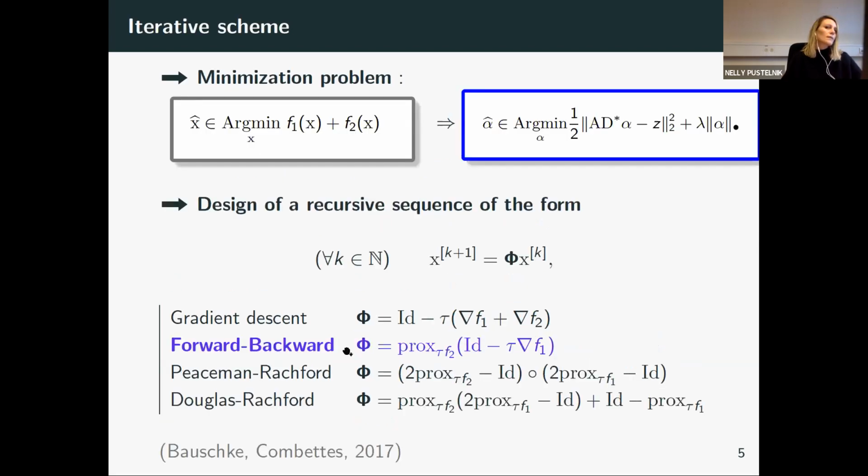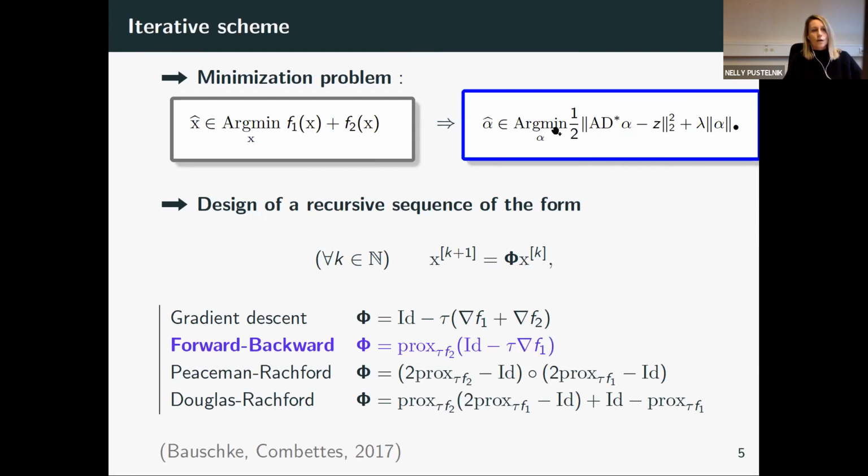So here you have a minimization problem. A specific example is the synthesis formulation, and it's the reason why in the literature the first works dedicated to image restoration were also dedicated to this synthesis formulation, because it was quite easy to apply a scheme such as forward-backward to minimize such a criterion.